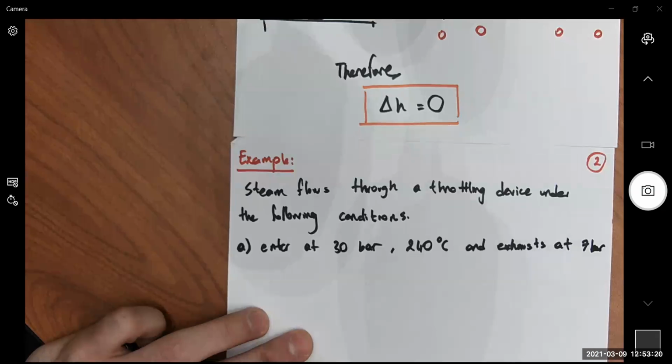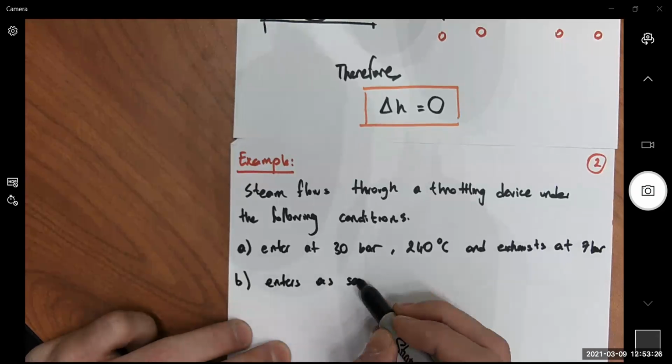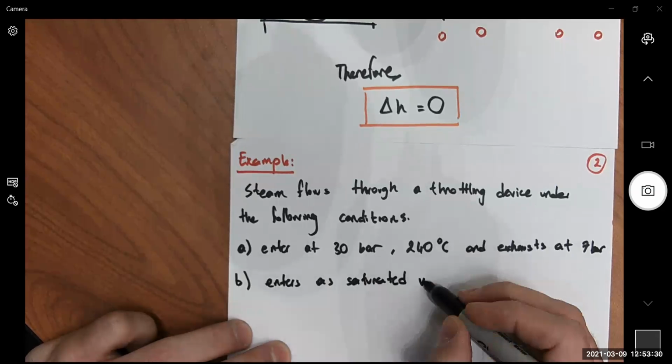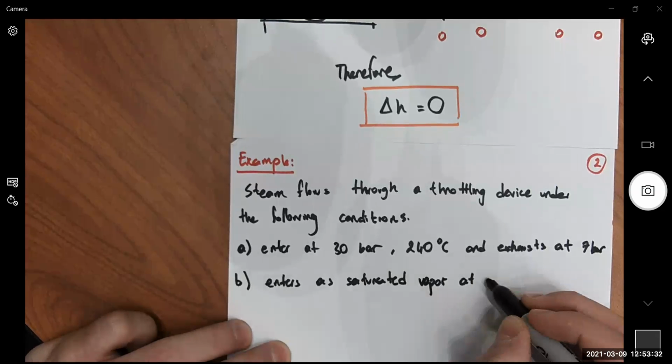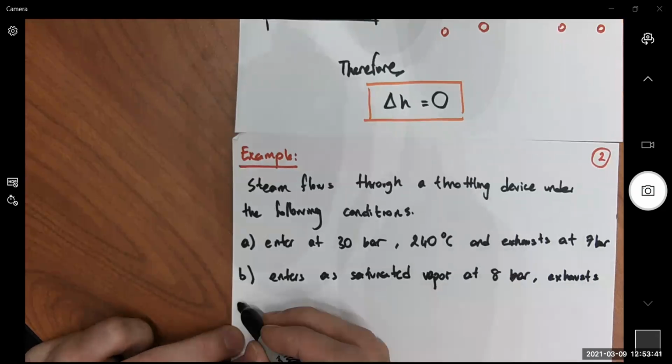B: Steam enters as saturated vapor at 8 bar and exits at 3 bar.